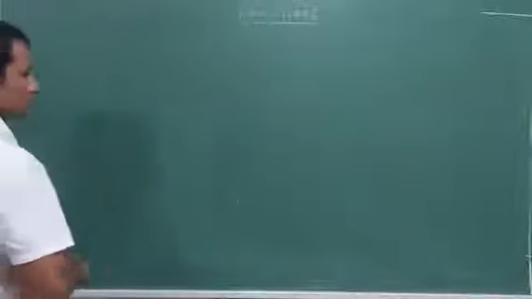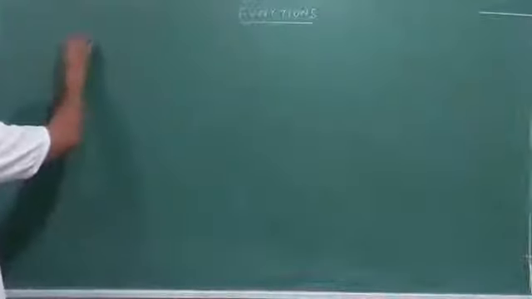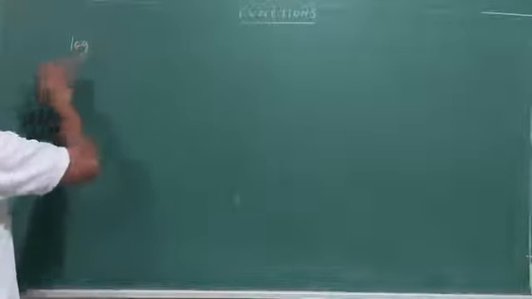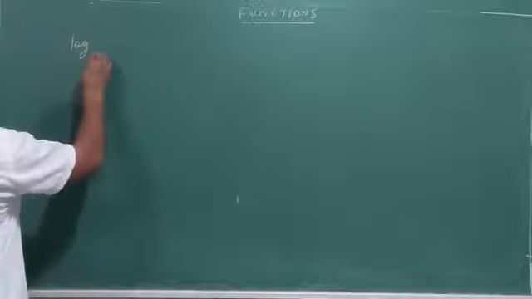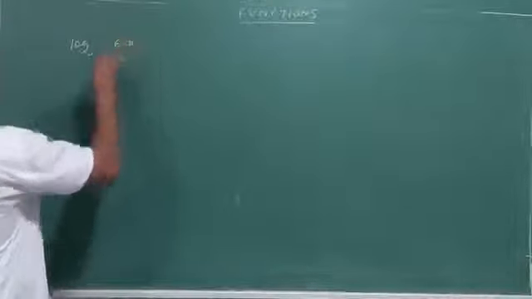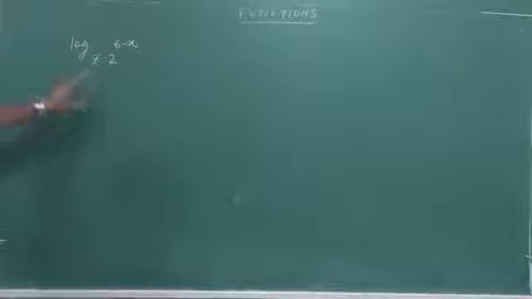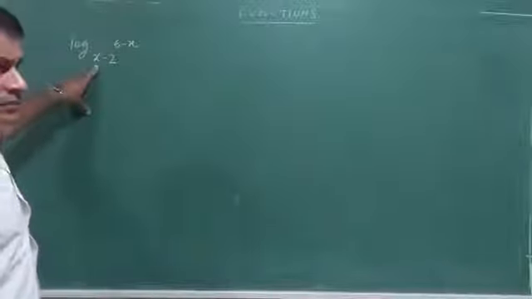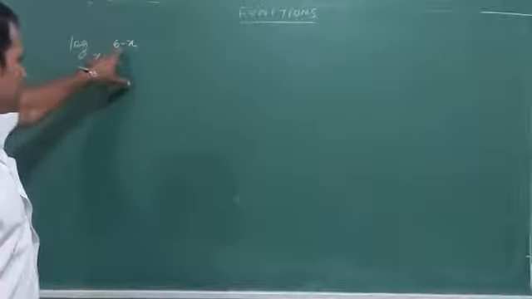Suppose I get a question: log base x minus 2 of 6 minus x. I can see that the base is no more a constant value, it is a variable term, and this is also a variable.